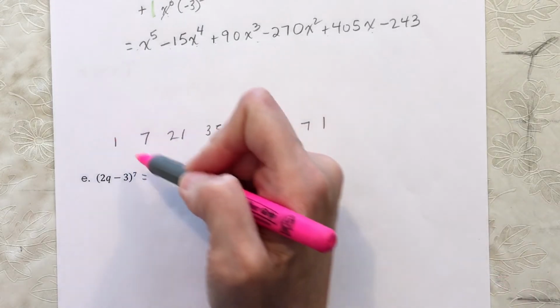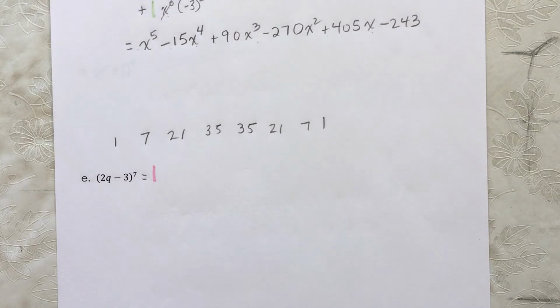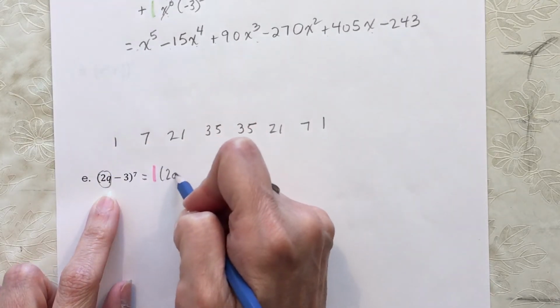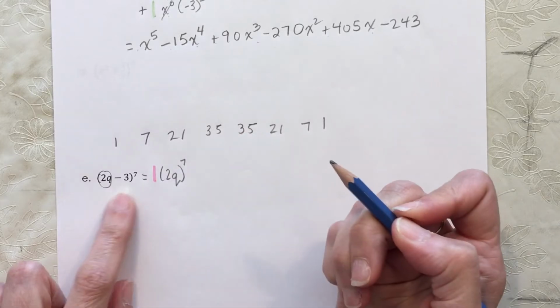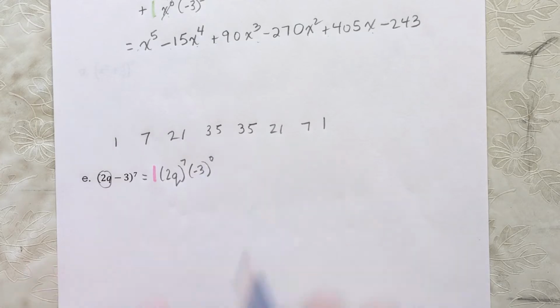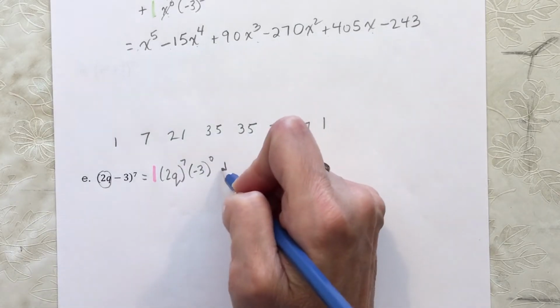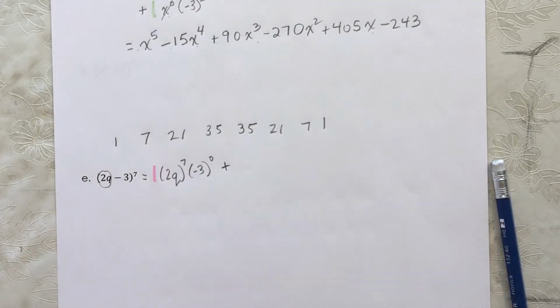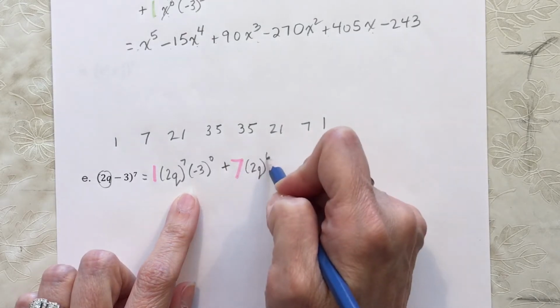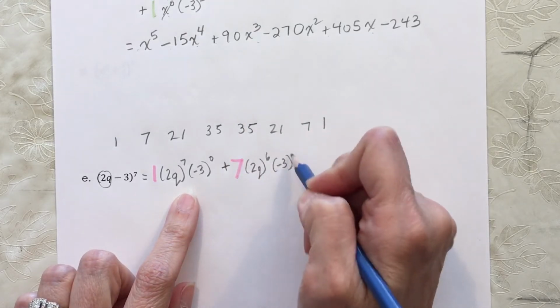So I'm going to start off with my 1, followed by whatever's first. So 2q in this case to the 7th, followed by whatever's second, which is -3 to the 0. My second Pascal number is a 7. 2q to the 6th, negative 3 to the 1.